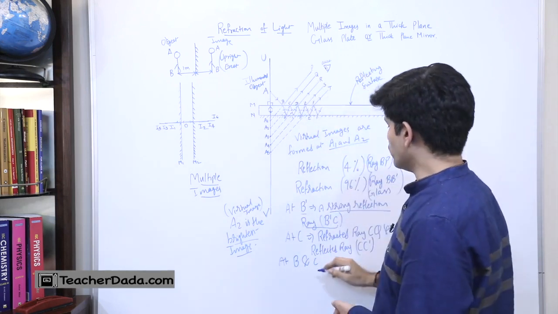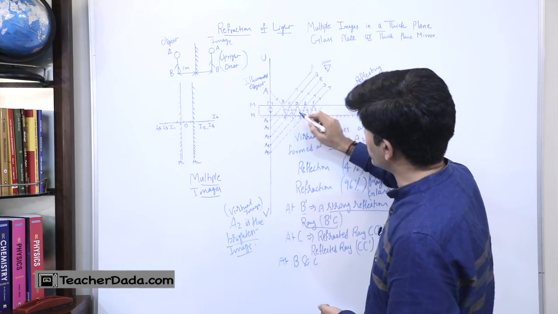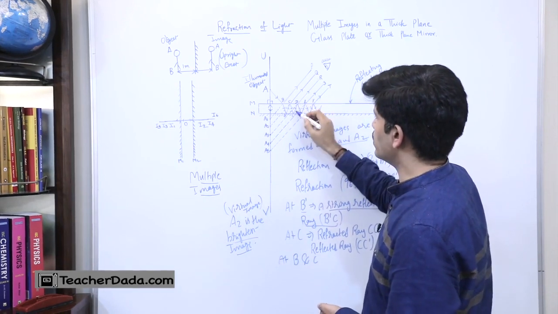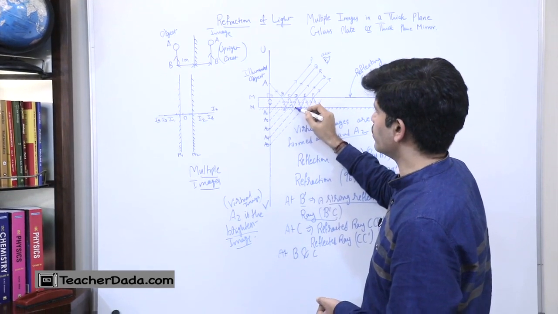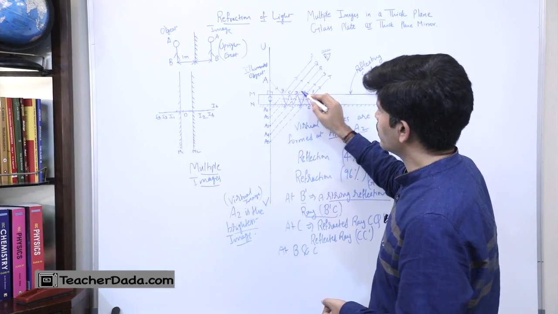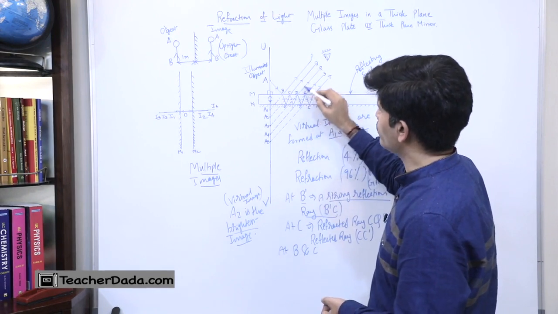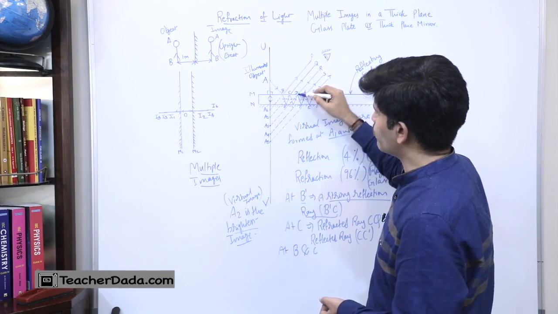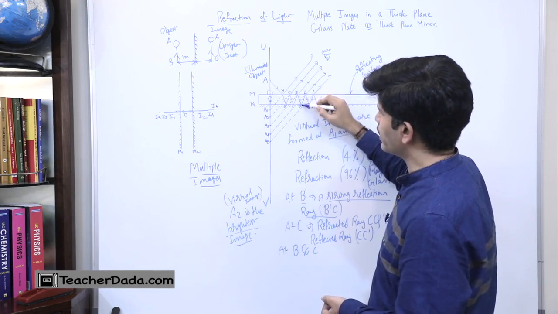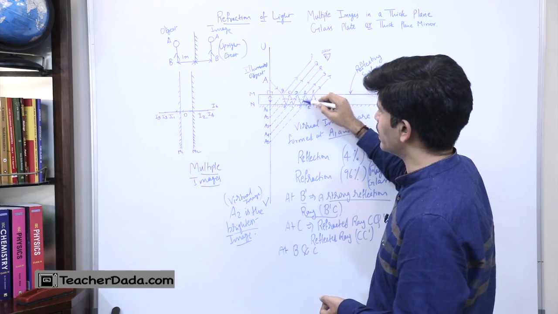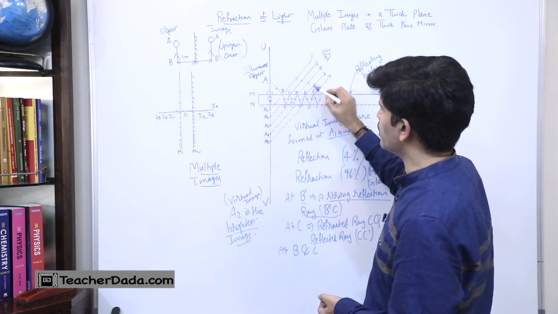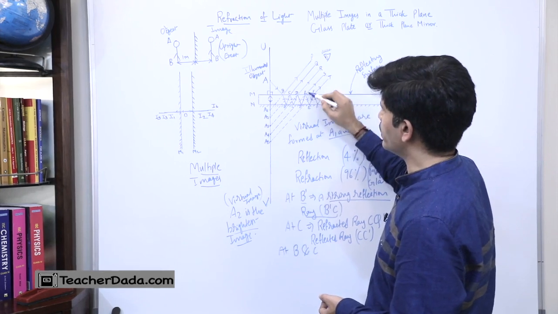Now once we have reached C dash, as you have seen, at C dash the ray will be reflected back strongly, and again we will get another ray in the form of C dash D. Then at point D it will be refracted, and at point D again it will be reflected back, so we will get DD dash, and at D dash we will get the reflected ray D dash E, and again it will be refracted in the form of ray ES.